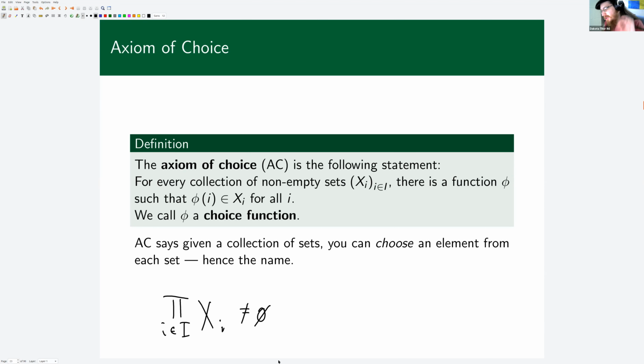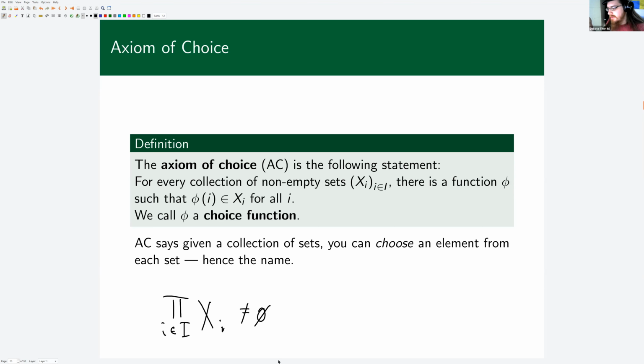Now, for certain specific collections, you do not necessarily need axiom of choice to show there is a choice function. For example, if there's only finitely many, you can build a choice function just by induction on the cardinality of this finite index set.